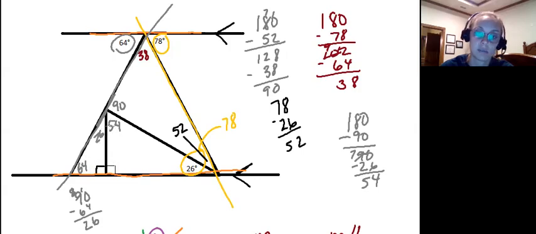Oh, I must have done this one wrong. I did the same thing over here. So look at this. This should have been 80. This should have been 64. So 90 and 64 and 26 add up to 180. There's my subtraction problem over here that I did incorrectly. But because I went from a different way, I found that, and they should all work out every time.